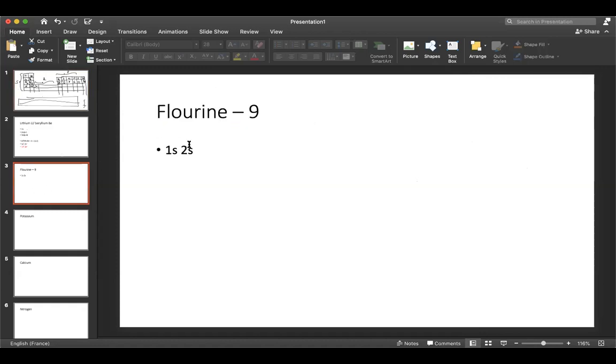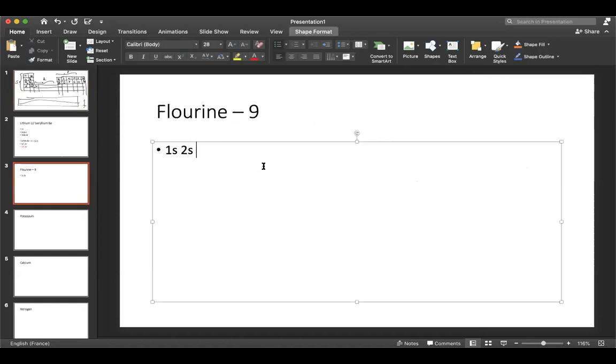So you have something like 2p. Is it clear? Is it clear for everyone? Yes.